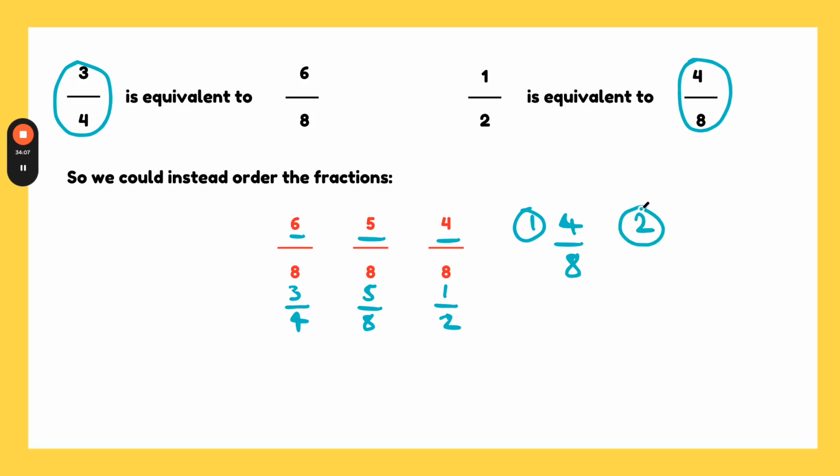Our second smallest would be, again, 5, because 5 is the next smallest in our fractions. Which means 6/8 is the largest fraction.